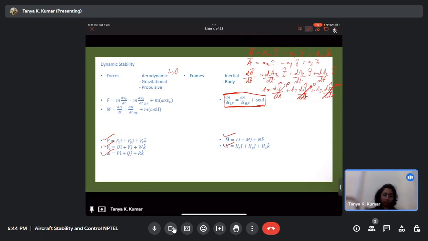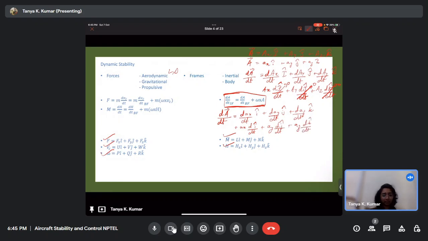Now let's take the derivative in the body frame. Here you have the dAx/dt terms. Okay.